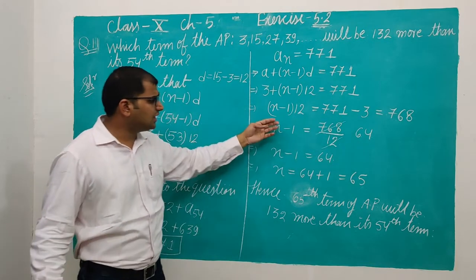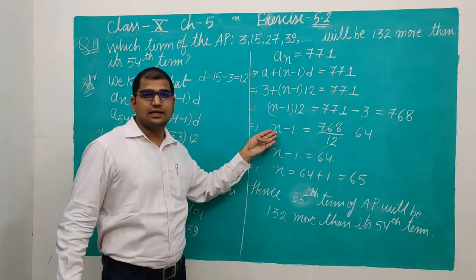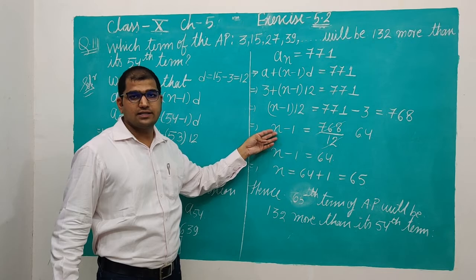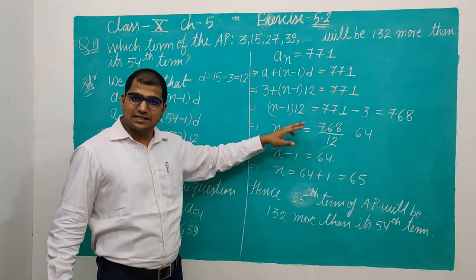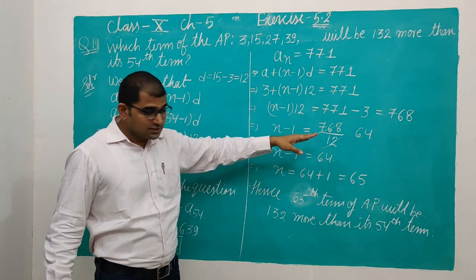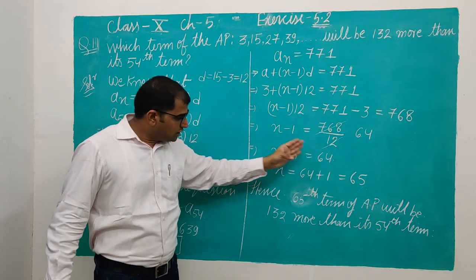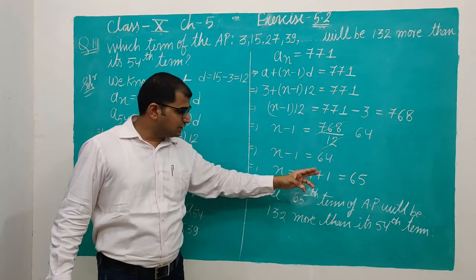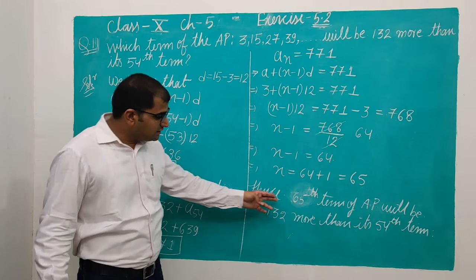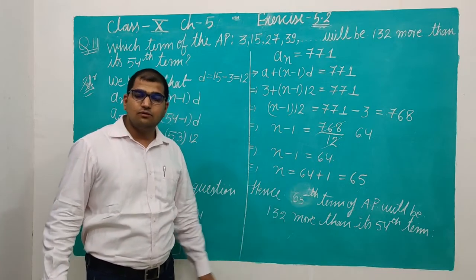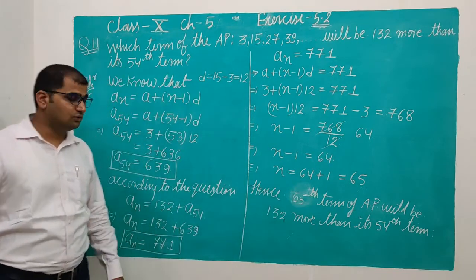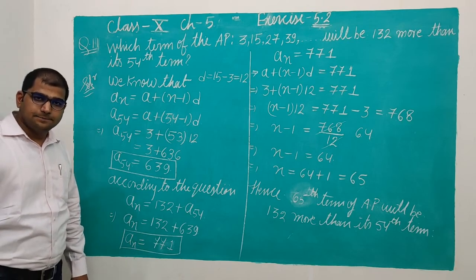Okay, then after divide by 12 to that side, that is n minus 1 equals to 768 divided by 12, take the cancellation by 12, we get that is 64, transpose 1 to that side, that is 64 plus 1 is 65. So the 65th term of the AP will be 132 more than its 54th term. Got it? Thank you.